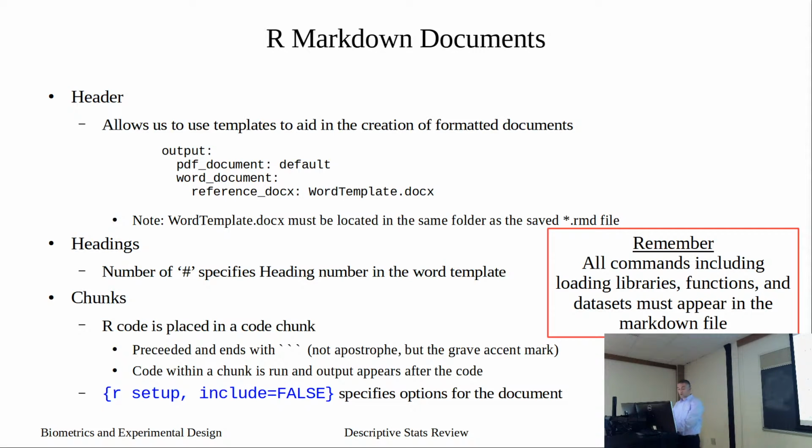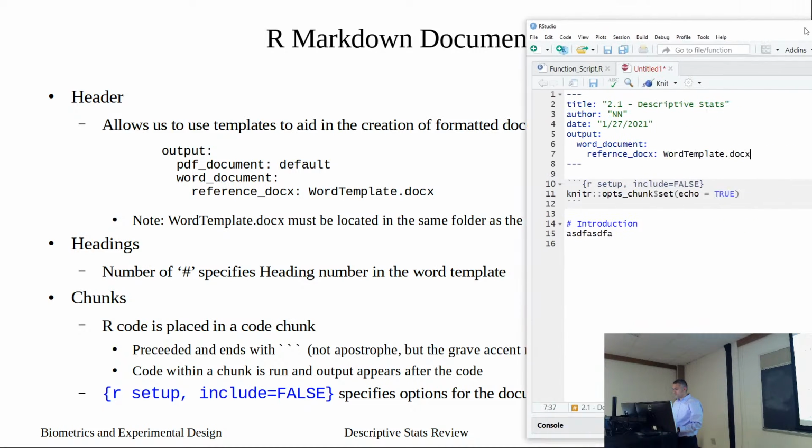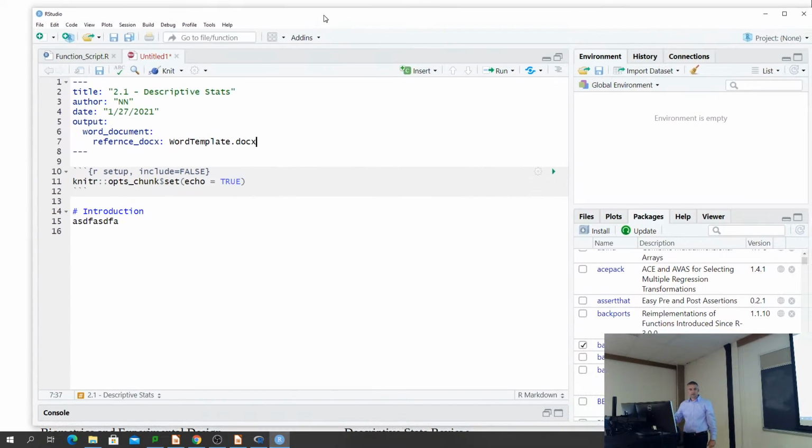That's where we start with our Word document, enter, and then when we press enter, it'll put us underneath the R to start reference doc. So mine could look something like this.